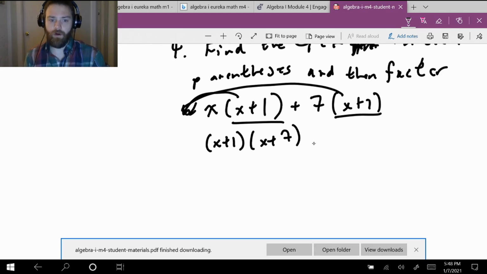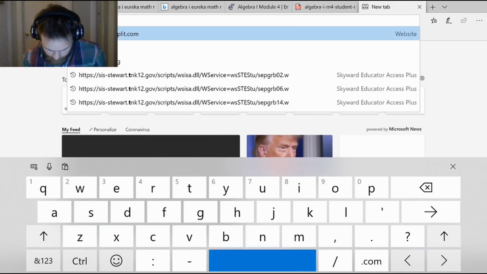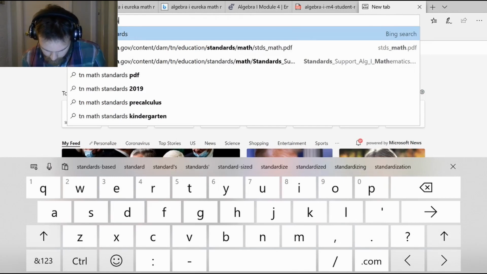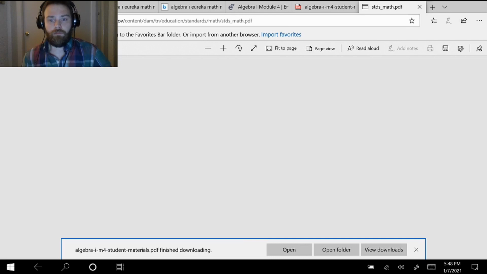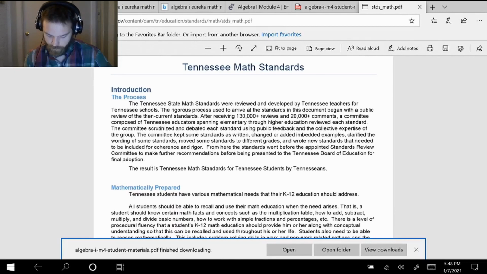And so the whole goal of this, whenever you're dealing with these factorizations, is there is a standard, and I'll show it to you. Hold on, let me just search it real quick. Okay, here we go.